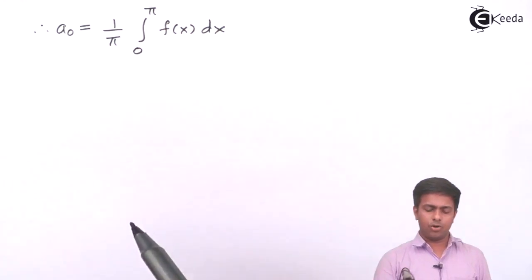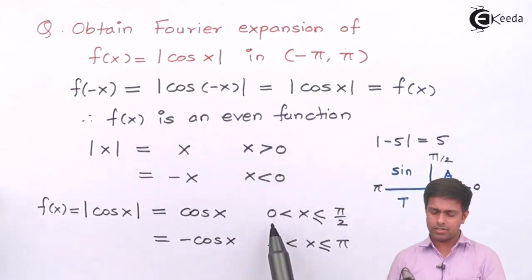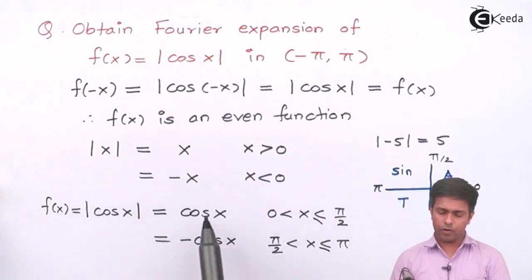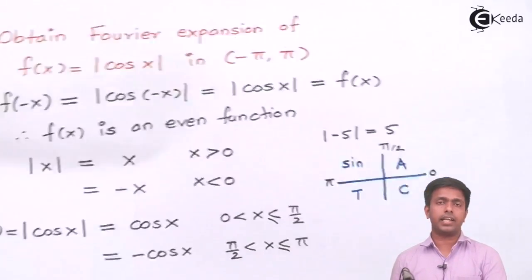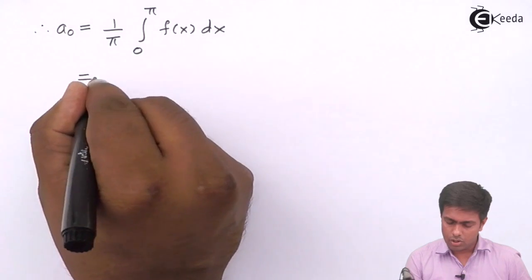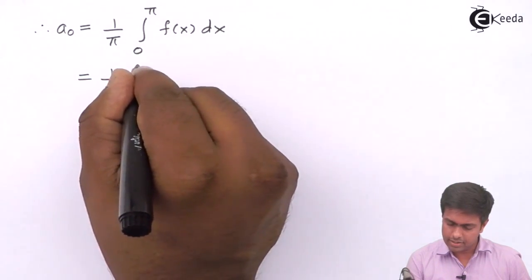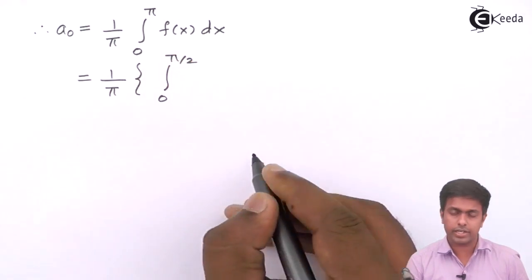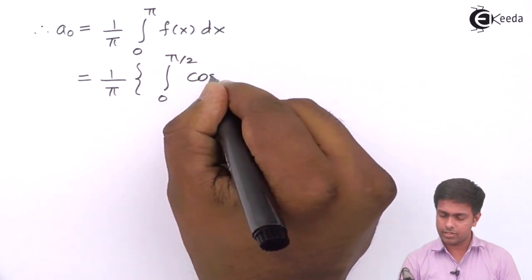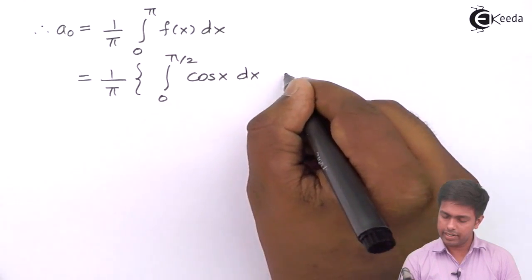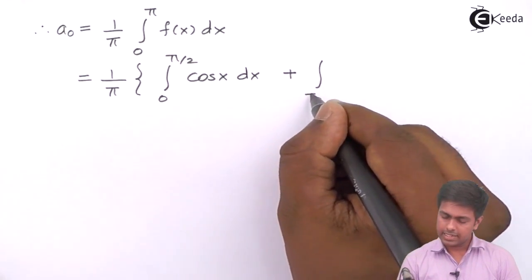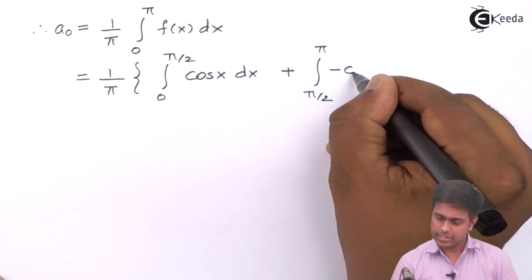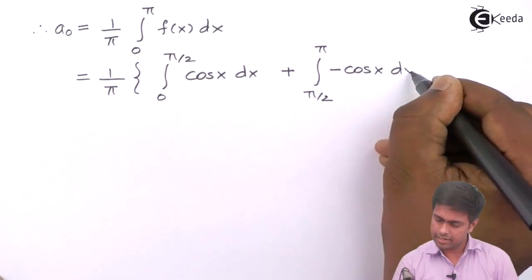Now guys, this range 0 to pi is divided into two parts, 0 to pi by 2 and pi by 2 to pi. In the first range f of x is cos x, in the second range it is negative cos x. So let's write it down. 1 by pi as it is, then integration from 0 to pi by 2, first range, where f of x is cos x dx, plus the second range, pi by 2 to pi, where the value is negative cos x dx.